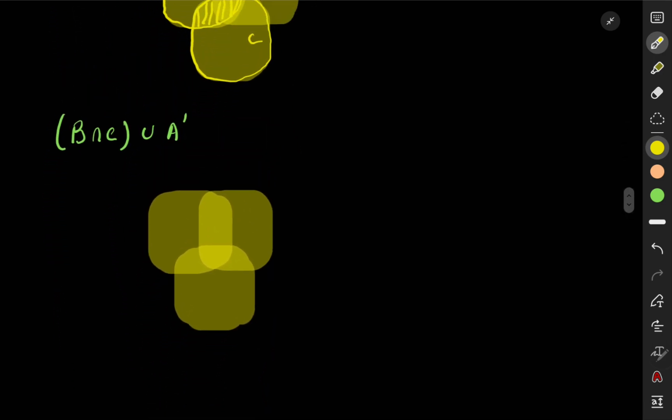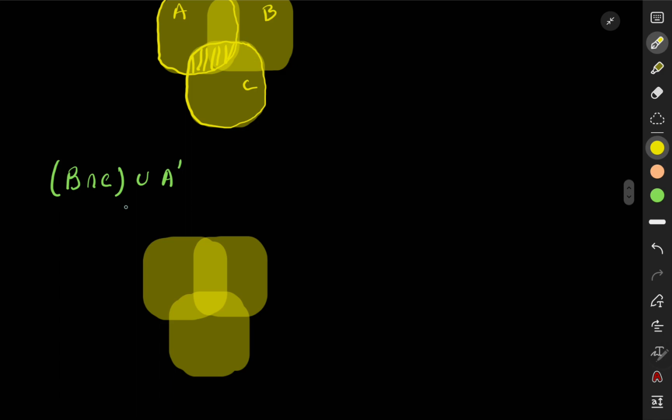Next, or last one, is B intersection C union A complement. So the region which is B intersection C is, this is A, this is B, and this is C set. B intersection C is this part.